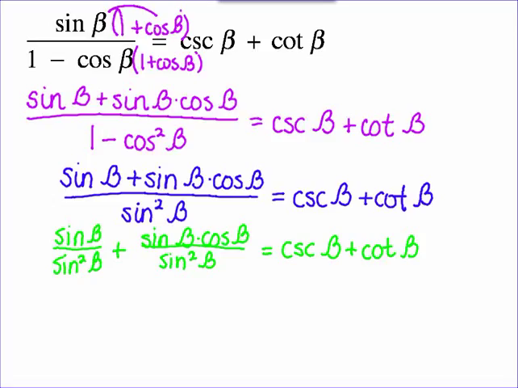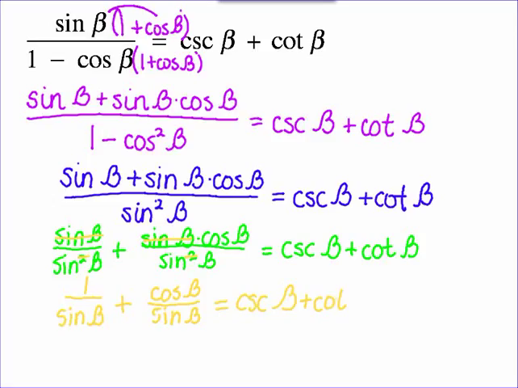Now what I can do is take a sine out on that side, cancel a sine here, and I'm left with 1 over sine. Here I can cancel a sine out and I'm left with cosine over sine. And that's going to equal cosecant beta plus cotangent beta.